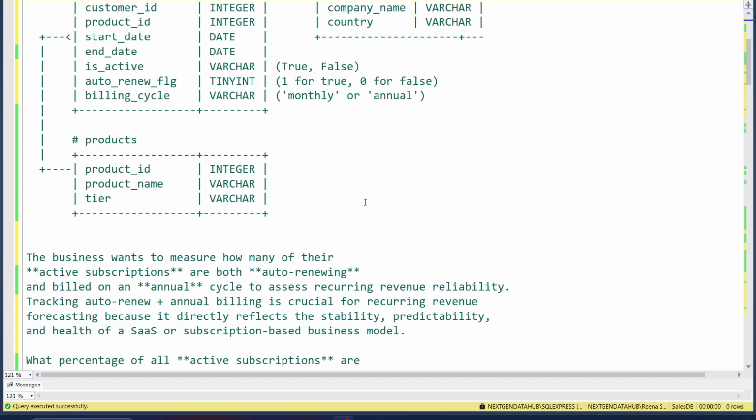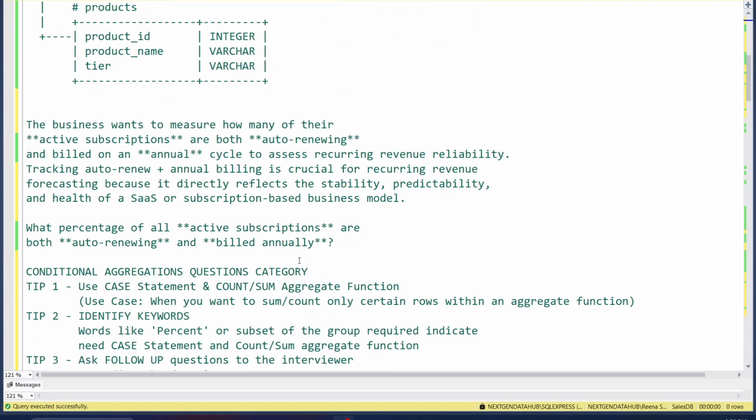These are all provided as part of quarterly earnings reports by businesses. The problem statement is: what percentage of all active subscriptions are both auto renewing and billed annually?